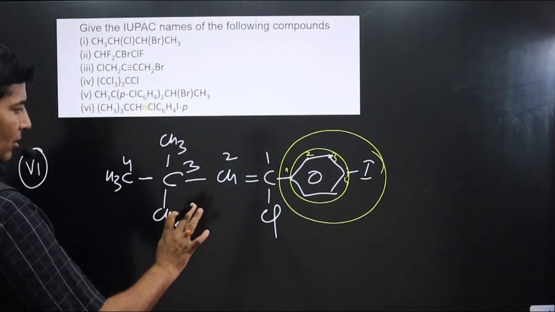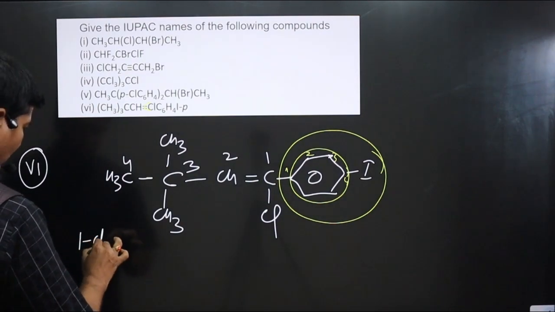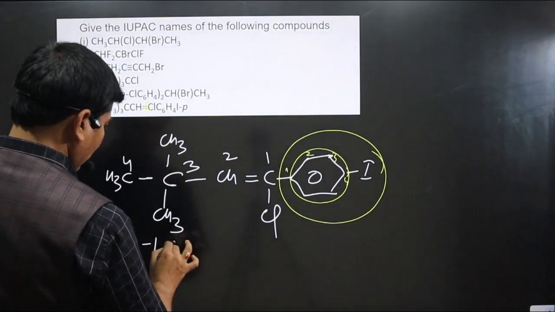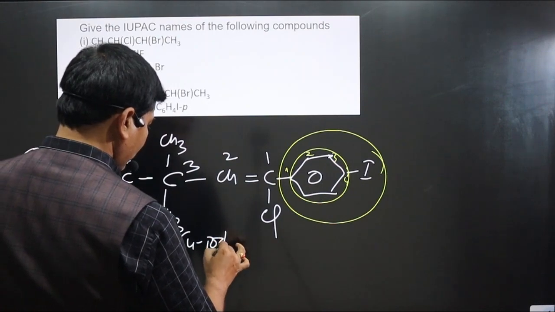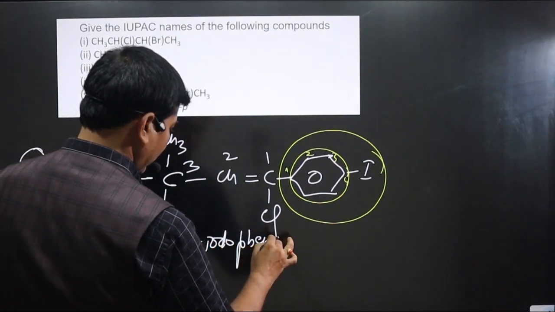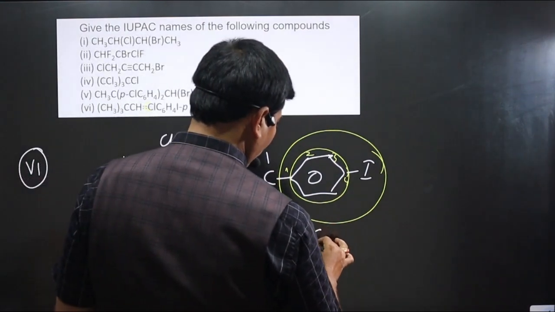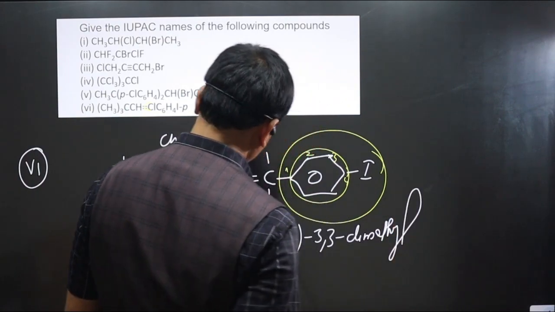Then we mention 1 chloro. Okay, next we have 1 in the bracket 4 iodo and phenyl, 4 iodophenyl. And then we have 3,3 dimethyl.